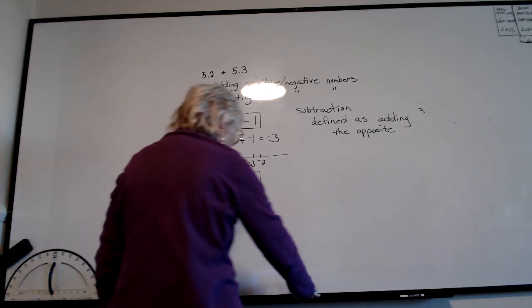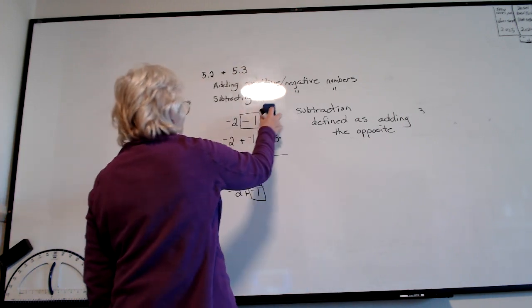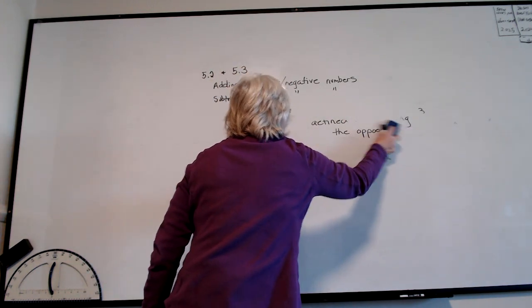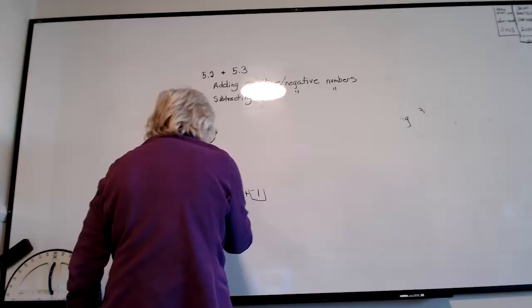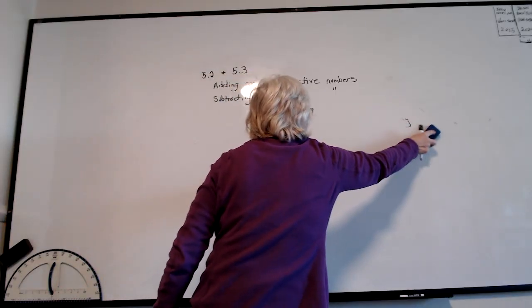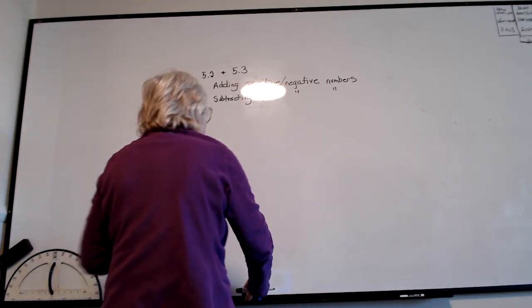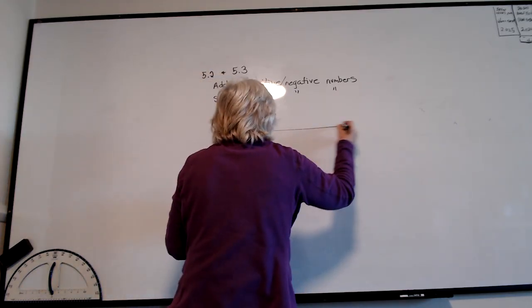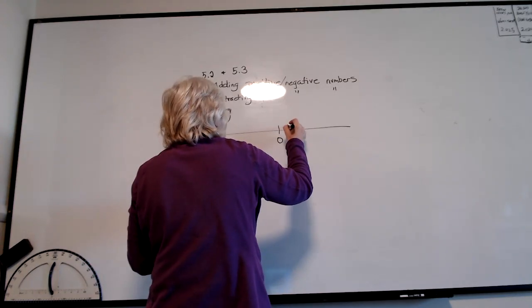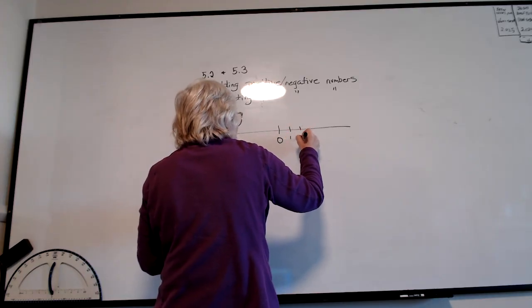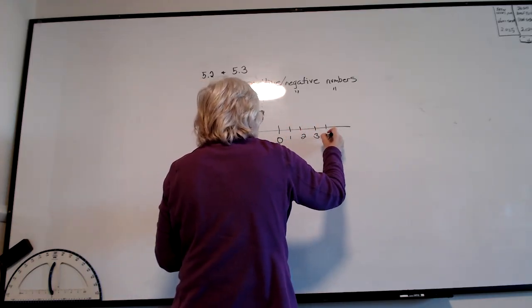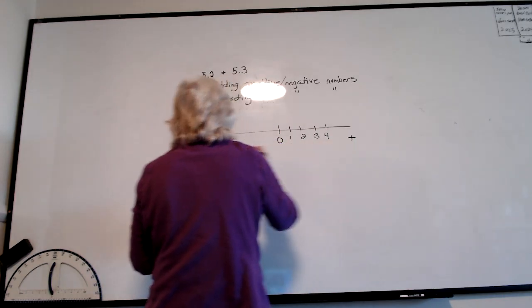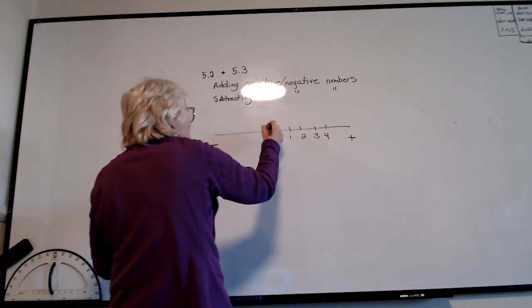Okay. The harder one, which confuses a few people, but you just have to think about it logically. And I'm going to show that. Let's say we're at 0. 1, 2, 3, 4. This is our positive direction. This is our negative direction.